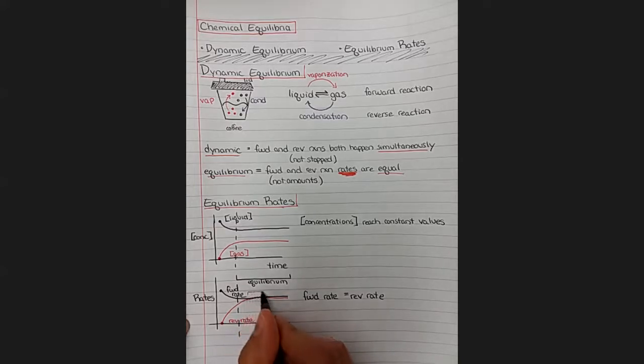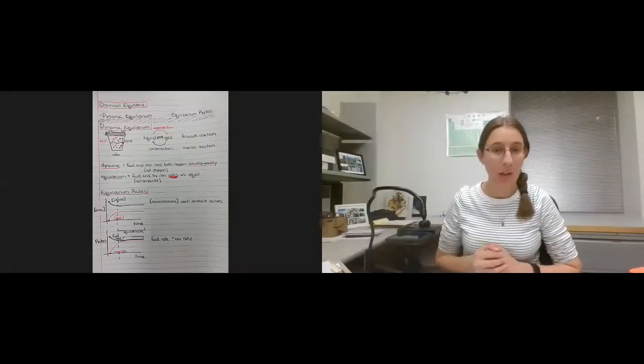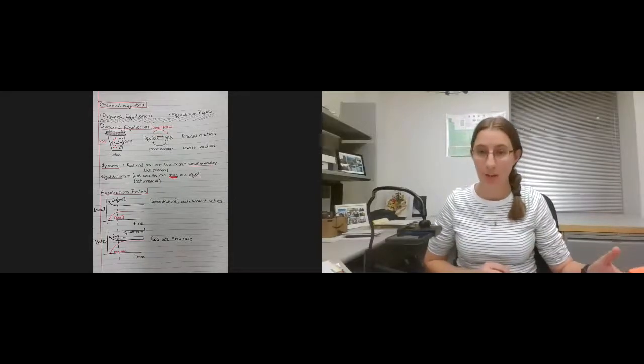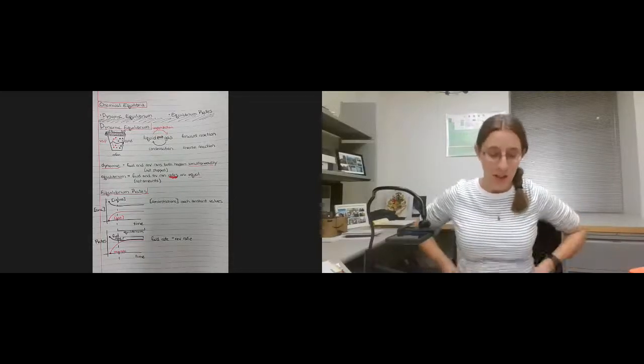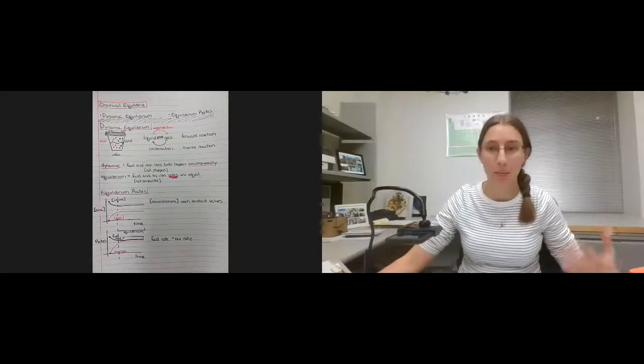I probably would have said it was like here, but ideally those graphs should match. They should have equilibrium marked at the same point. So now we know that equilibrium is about the rate of the forward and the reverse reaction matching each other. And in the next video, we will give a new numerical value called the equilibrium constant to help us explain where that equilibrium occurs.